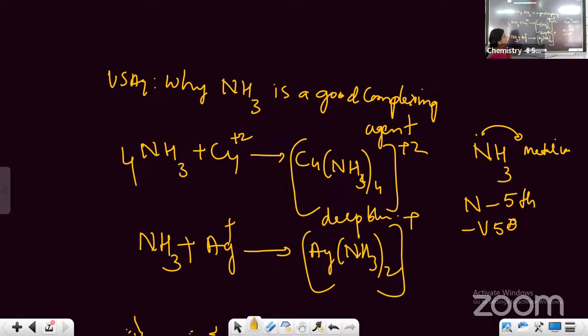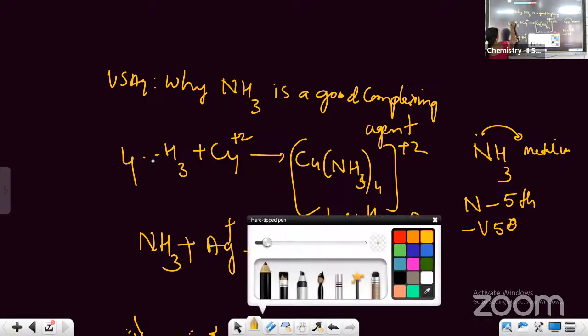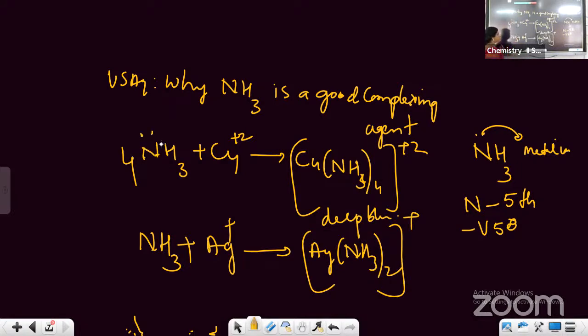So why is it acting as a good complexing agent? Because in ammonia, on nitrogen, a lone pair of electrons is there, which can be donated to the metal ion. That means ammonia is acting as a Lewis base. We have studied in the first year various theories of acids and bases. According to Lewis theory, acid is the electron pair acceptor, whereas base is the electron pair donor.